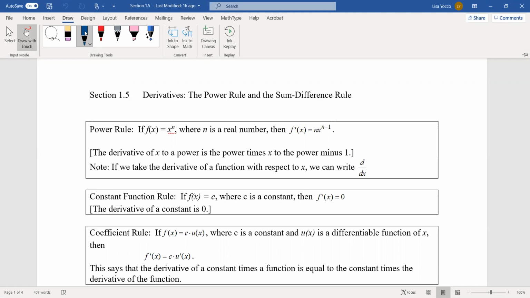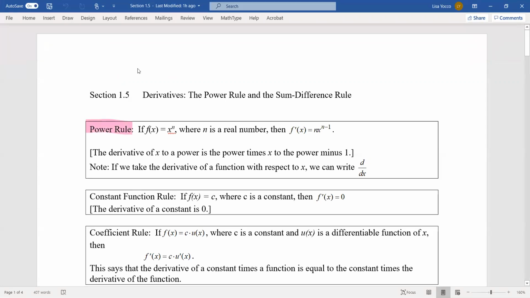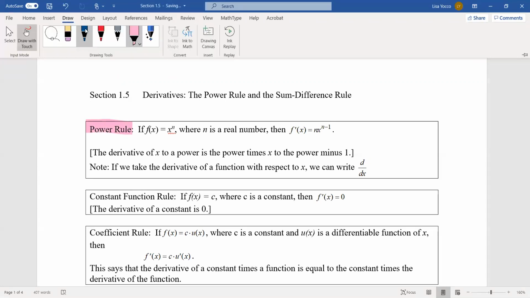You may have to do some of it on the homework. That's fine, for practicing, but as far as I'm concerned, we will use the formulas from now on. So that's where we begin with formulas for finding derivatives. You're going to like this a lot better, I promise.